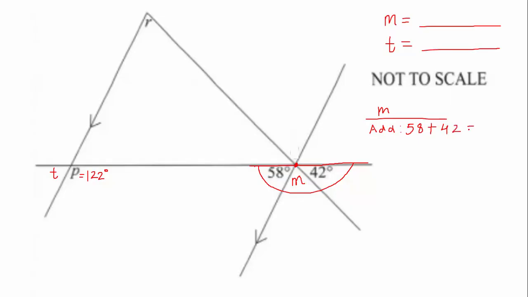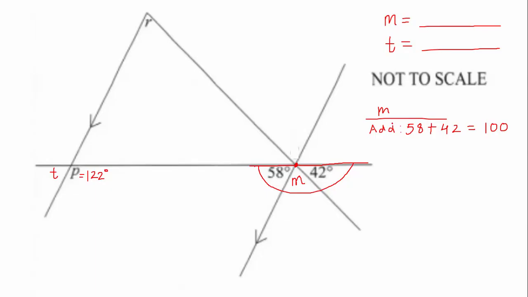And 58 plus 42 is what? 100. Because 40 plus 90 gives you 90, plus 2 gives you 100. Very good. Okay, so that's where you got the 100 from, Renee? Yes, sir. But are we done though?